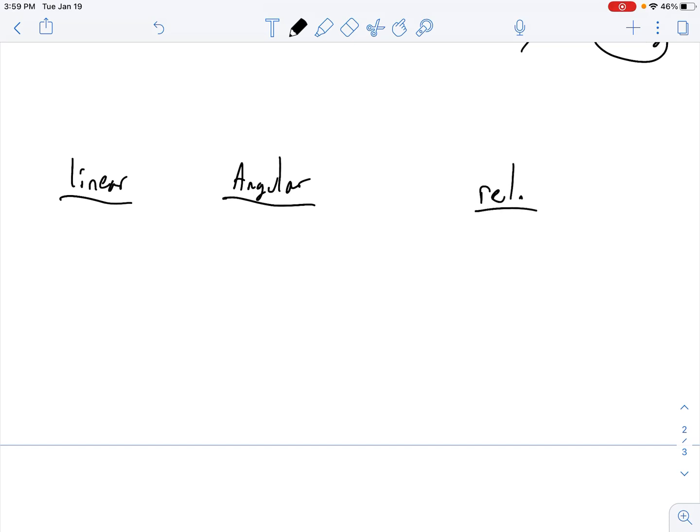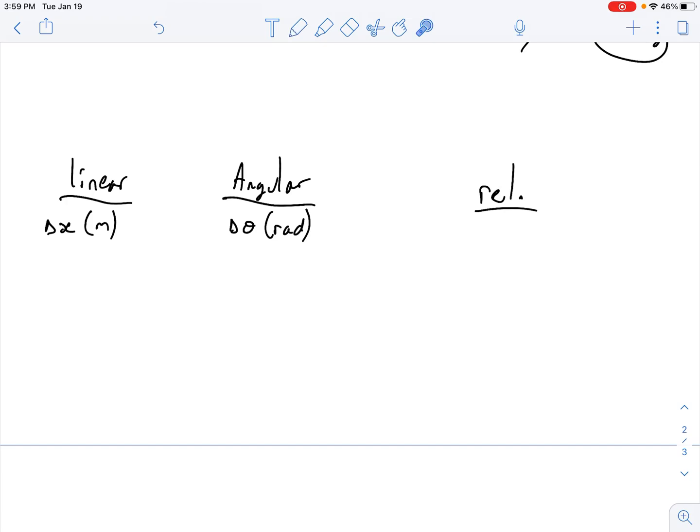So for example, our linear version was displacement, and we measured that in meters. Our angular version is going to be angular displacement. Angular displacement is measured in radians.